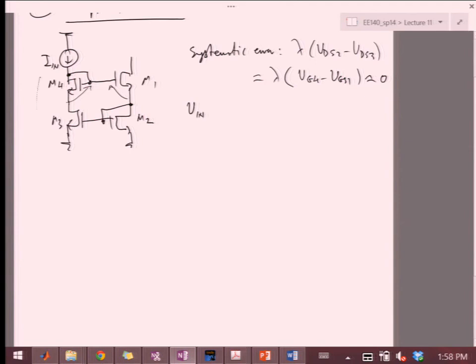Okay, so let's do another exercise. What is V in? And what is, in this case, V out min? What is V in?